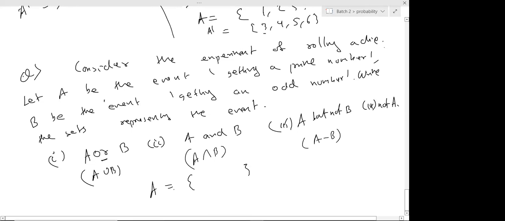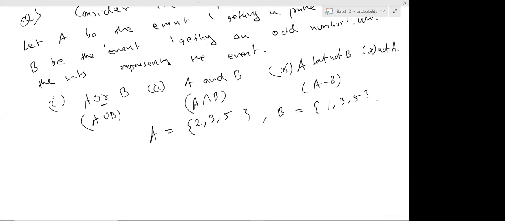Rahman, can you tell me what are the elements in A? 2, 3, 5. Absolutely right. And set B, getting an odd number. Odd number is 1, 3, and 5.